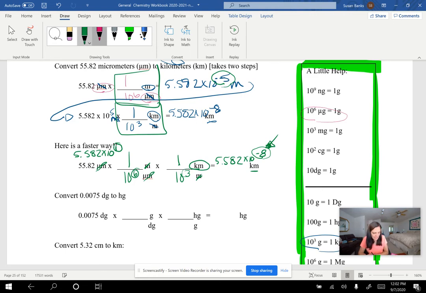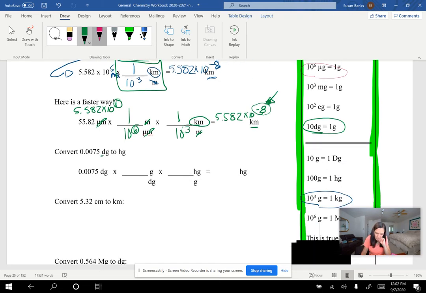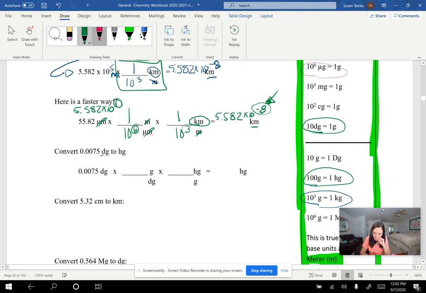Okay? Next thing, we are going to look at converting 0.0075 decigrams. Notice it's a lowercase d, so it's deci. So we're going to use this factor right here to hectograms. So hecto goes right here. So those are the two factors we're going to be using here.